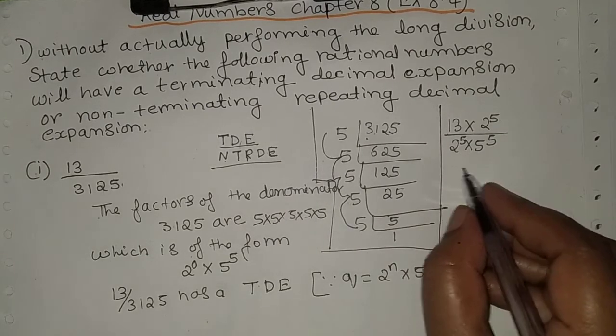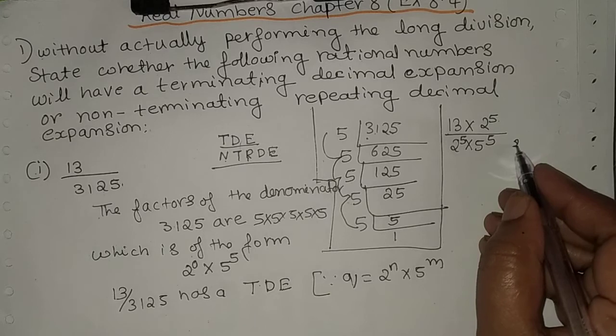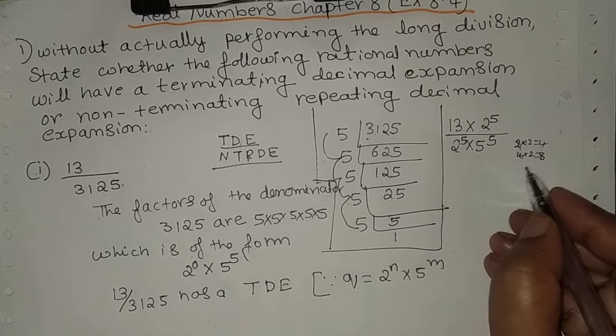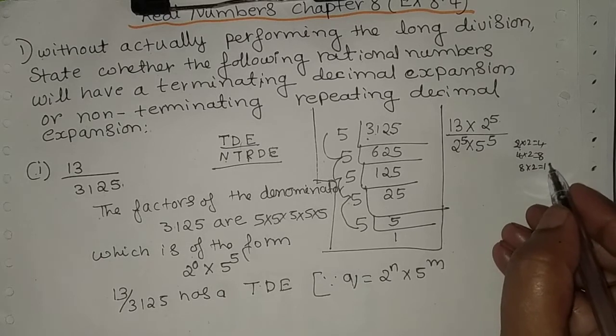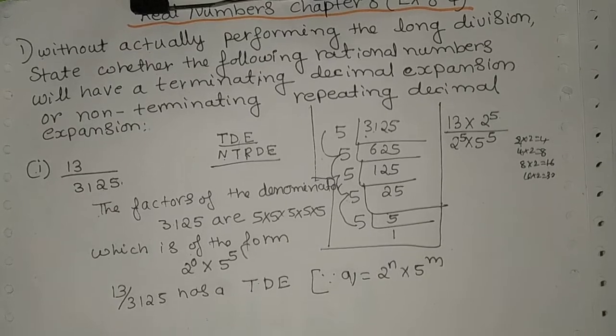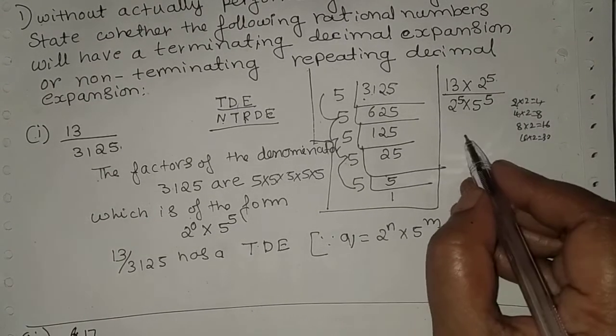So next we multiply: what is 2 to the power of 5? 2 into 2 is 4, 4 into 2 is 8, 8 into 2 is 16, 16 into 2 is 32. So we are getting 32, 2 to the power of 5.